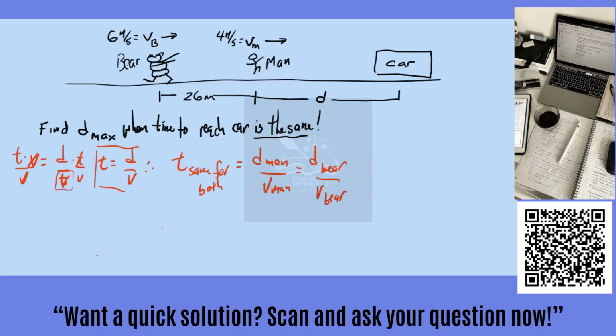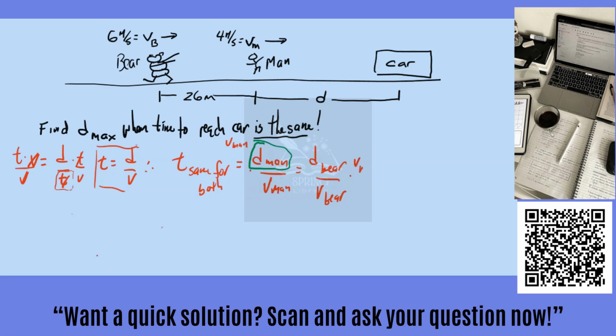What am I solving for? Well, here's what I'm looking for right here. I'm looking for the distance of the man, which is d. So let's go ahead and solve this equation for the distance of the man. To do that, I'm going to do pretty much the same thing as I did over here. I'm going to multiply both sides by the velocity of the man.